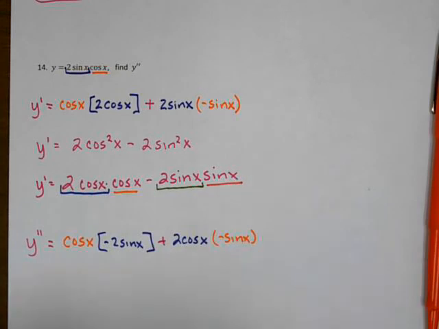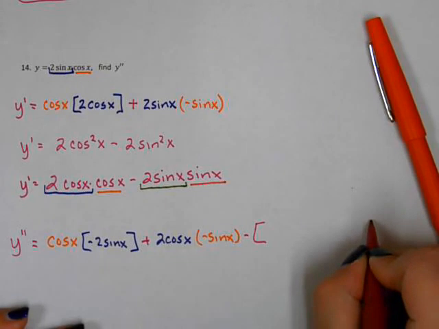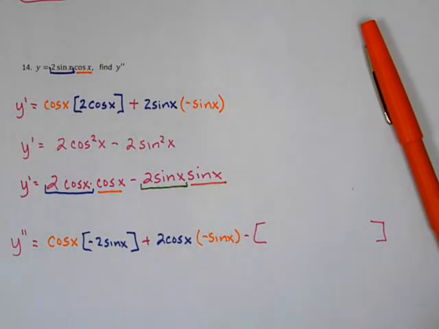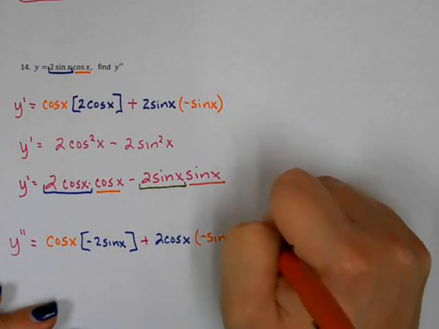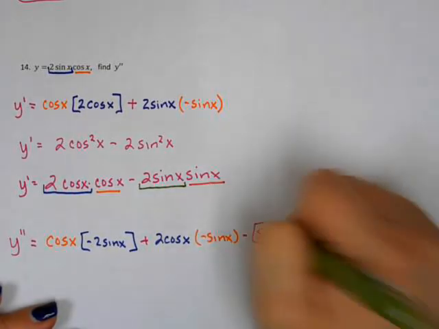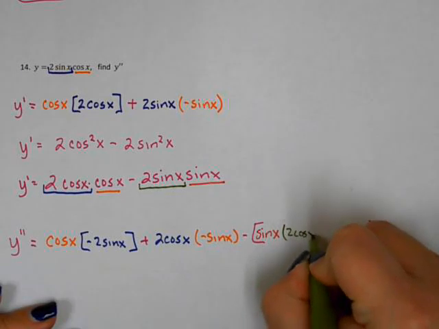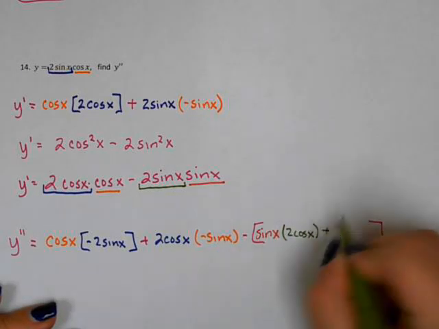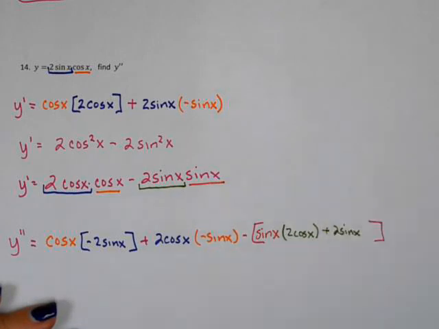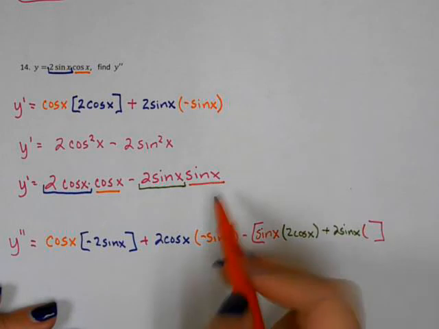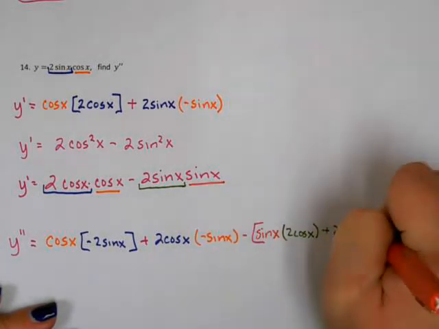So I'm going to need a minus sign, and I'm going to put a big set of brackets so that we can do our product rule inside there. So I'm going to leave my sine function alone, so sine x times the derivative of 2 sine, which is 2 cosine, plus I'm going to leave the 2 sine x alone, and I'm going to multiply by the derivative of sine, which is cosine.